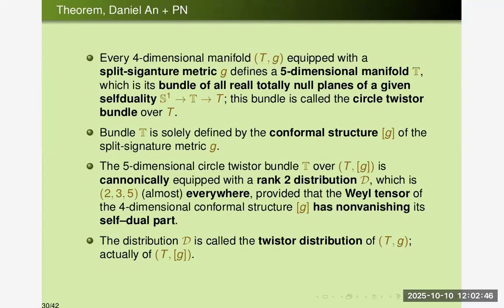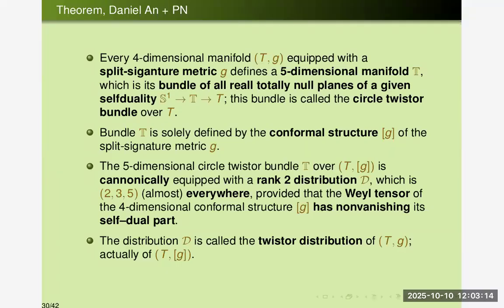So if I have a 2, 3, 5 distribution, I have to check what its symmetry is. But as I said, everything is natural here. To define this distribution D, I need only the conformal structure. But the conformal structure of my dancing metric has 8 conformal symmetries.